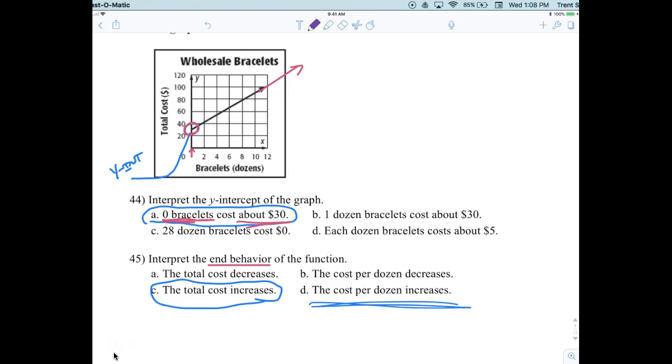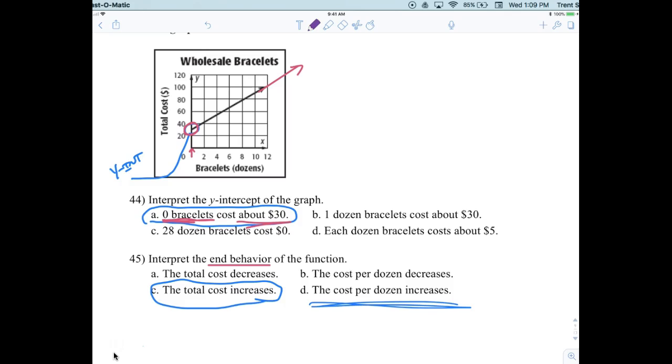That's the x value, right? So when the x value is 0, the y value is 30. 0 bracelets, $30. That's what that means. So the y-intercept, if you want to remember this, because it's important, is simply when the x is 0.